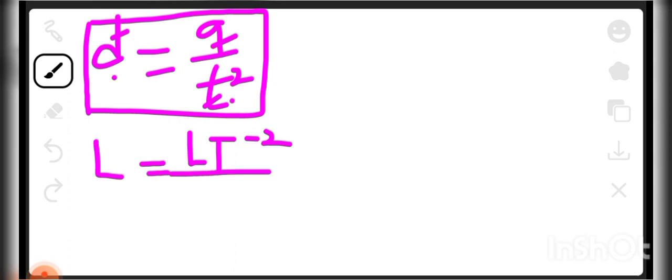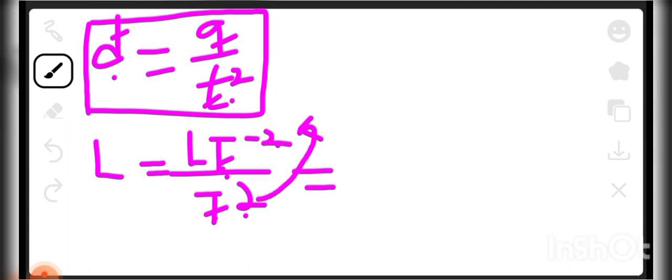For time, we have T raised to power 2. So the next thing, we have to apply rules of indices. A raised to power m divided by a raised to power n will be a raised to power n minus m. Since we already have t here, don't move this power up and change sign. It's still the same thing. So we're going to have LT raised to power minus 2.